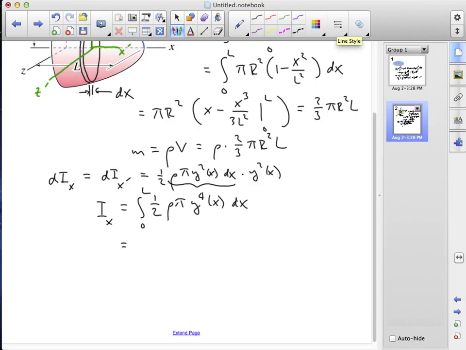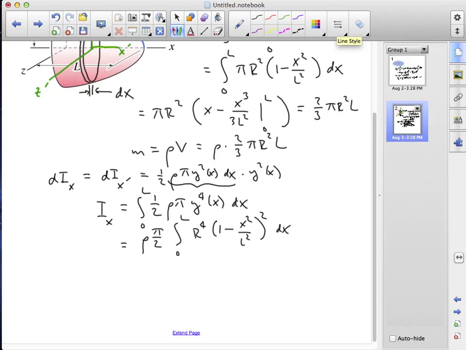This result will look like this. We'll pull the mass density and pi over 2 out in front. We're integrating from 0 to L. We can think of that y to the 4th as y squared quantity squared, which gives us, in the integrand, r to the 4th times the quantity 1 minus x squared over L squared quantity squared dx.